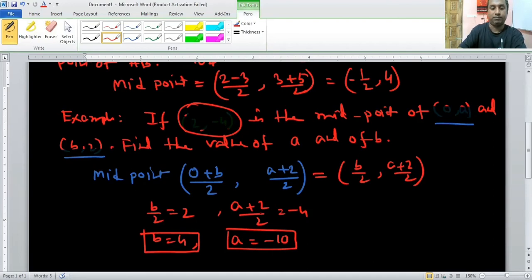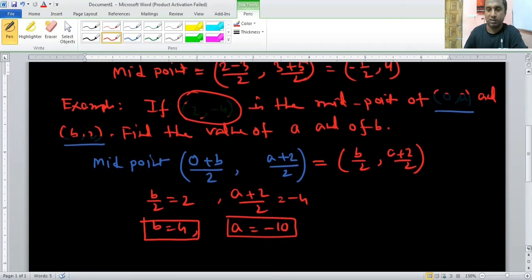Okay. So these are the things related to midpoint. Now let us go for gradient.